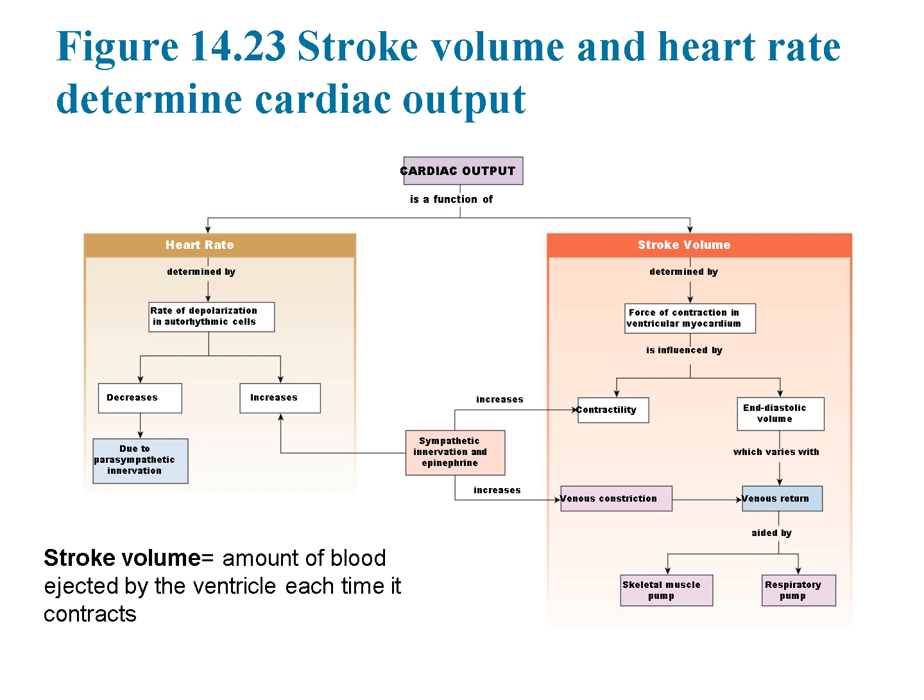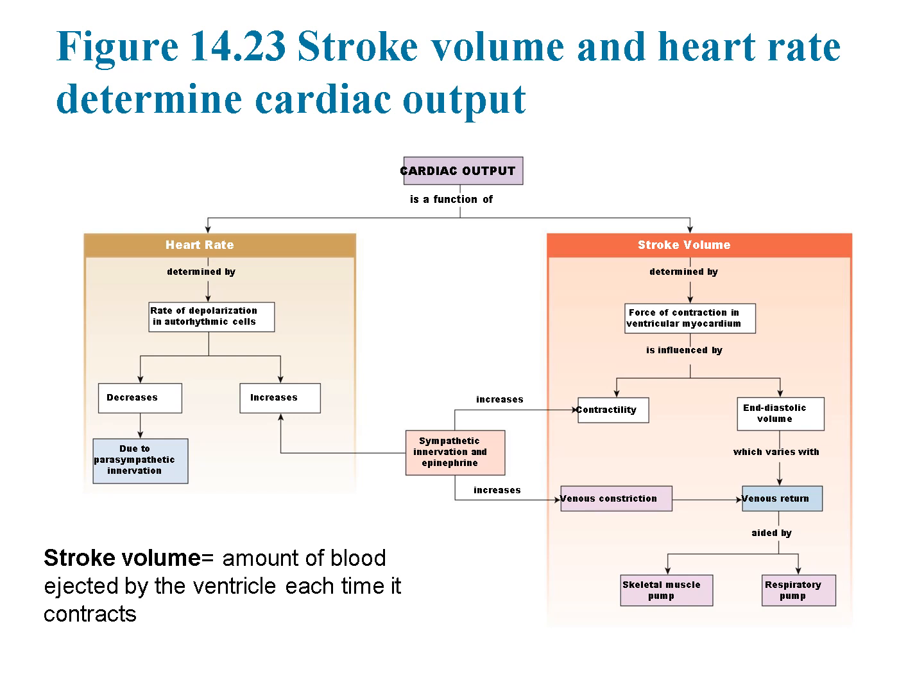End diastolic volume is affected by venous return, which is the amount of blood returning to the heart. Venous return increases through venous constriction and is further aided by the skeletal muscle pump and the respiratory pump. The skeletal muscle pump works by compressing veins during movement, pushing blood toward the heart, while the respiratory pump enhances blood flow during breathing.